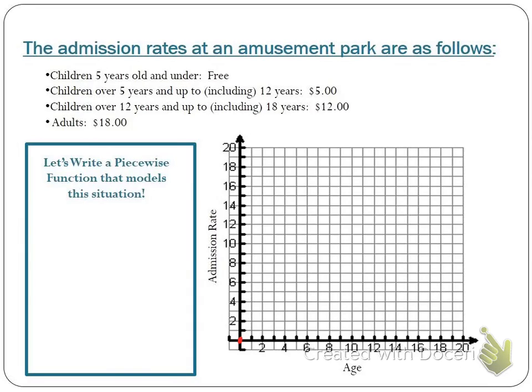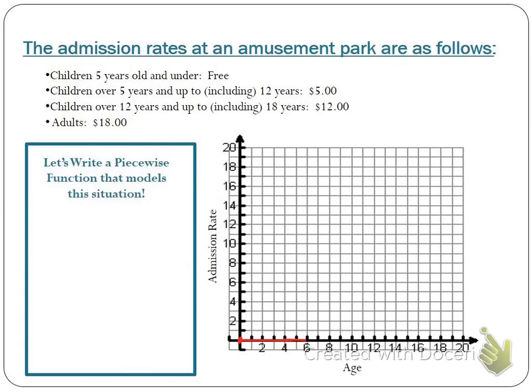Those kids are going to get in for free all the way up until not 5, because even if you're 5 and a half, or 5 years and 11 months, or 5 years and 364 days, they're still going to get in for free. It's when they turn 6 that the rate changes. So we want to go all the way up to 6, but not include 6 in our free group. Okay?